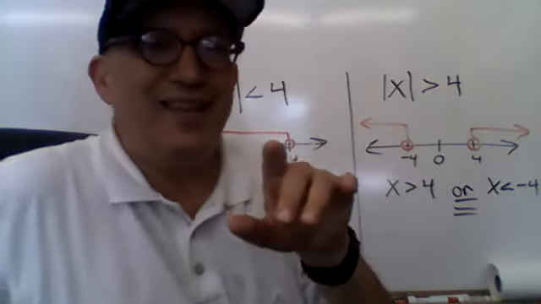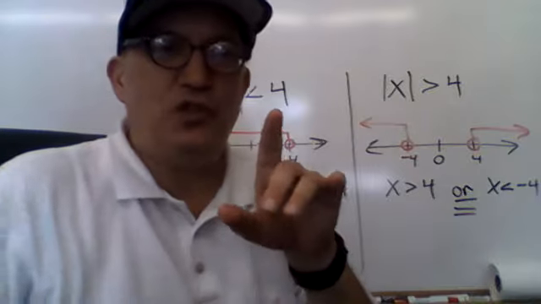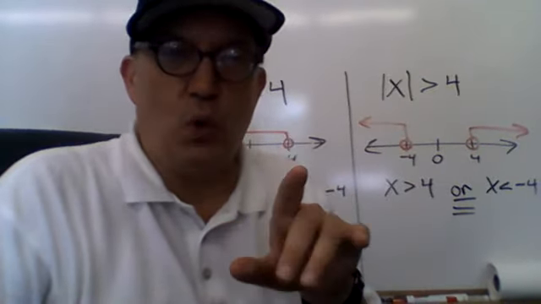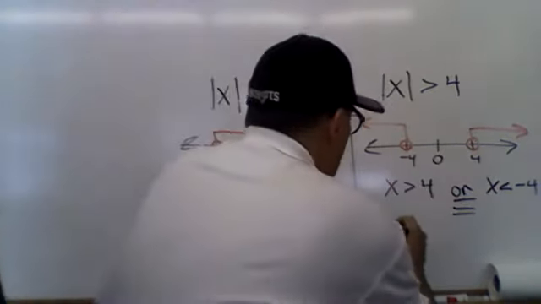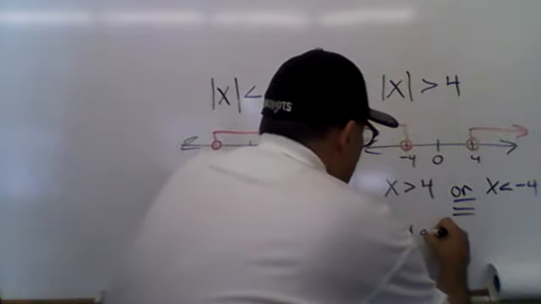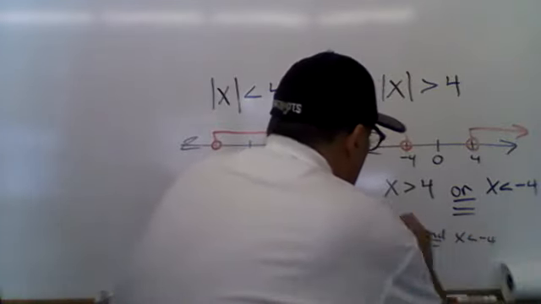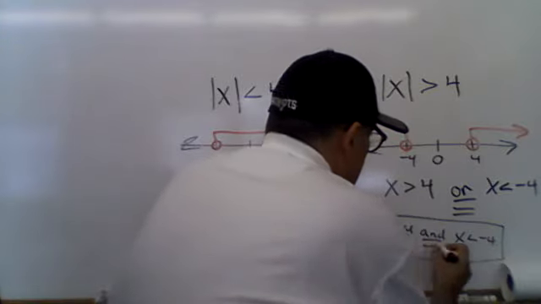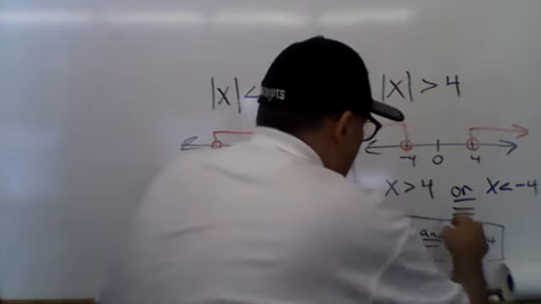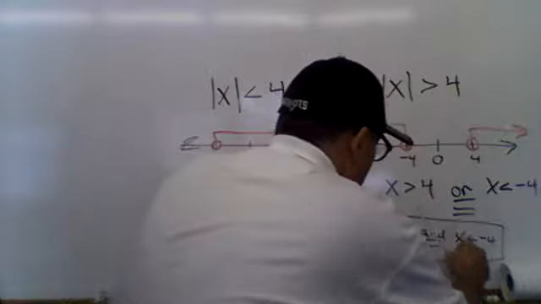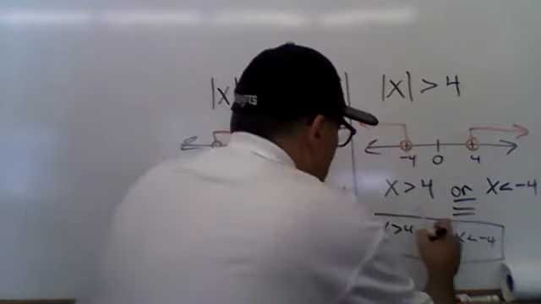But you gotta convince yourself that what you really need there is or, because let's look at it this way. X is greater than 4 and X is less than -4. Now, this statement here, let me put a big red X through it. Okay? That was the word and.